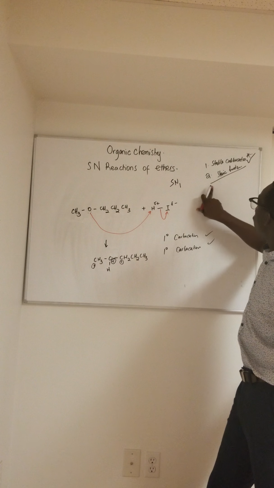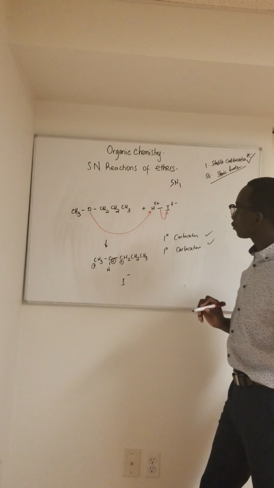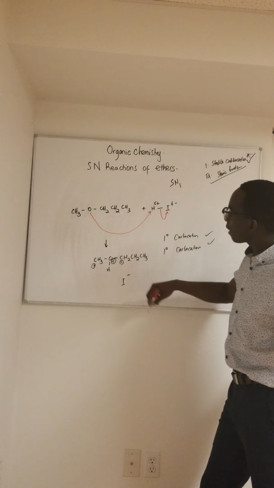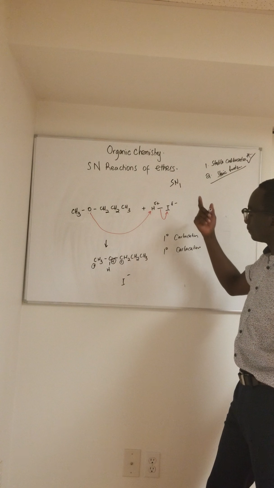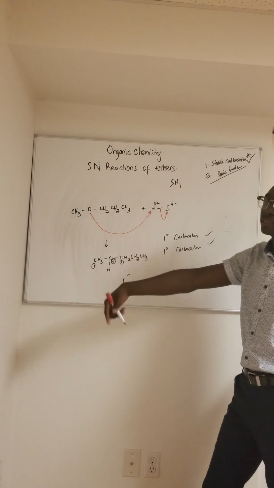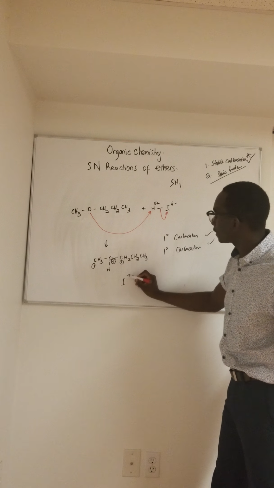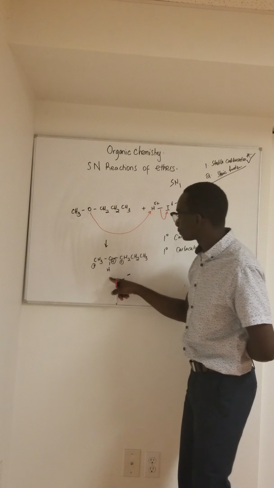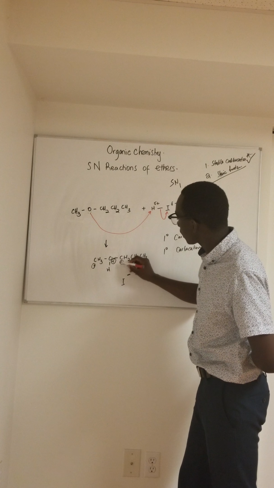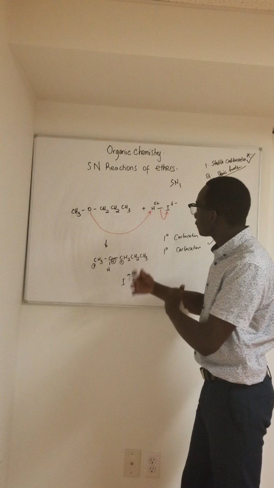So now let us look at steric hindrance. Remember, we have this iodide ion coming in. The iodide ion will have what we call steric hindrance where there are many carbon atoms. So we see that the iodide cannot attack this carbon because this carbon has steric hindrance.